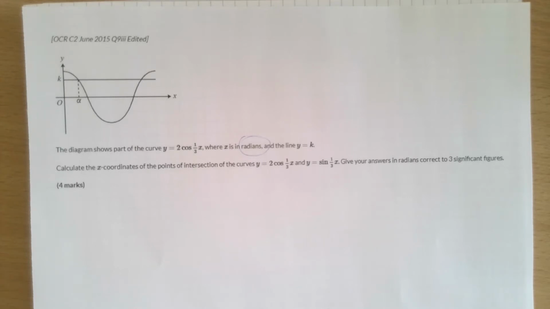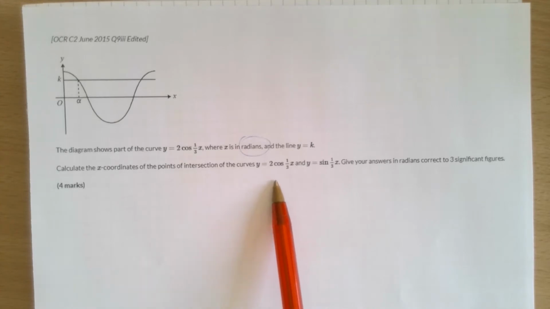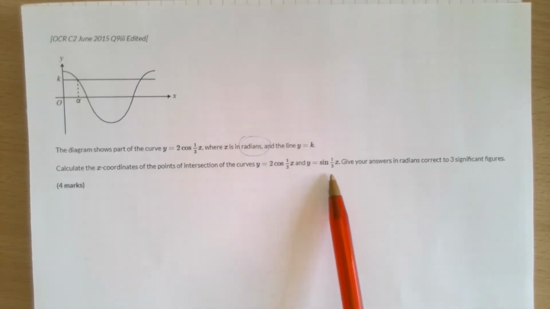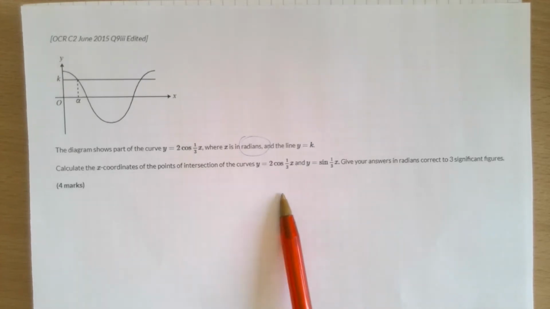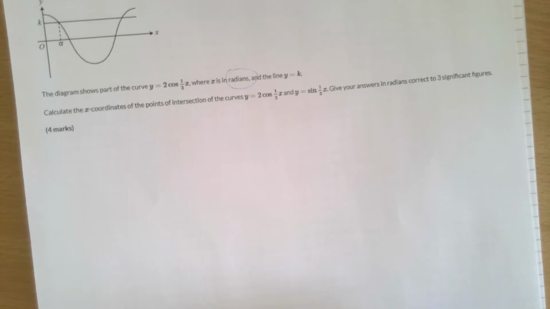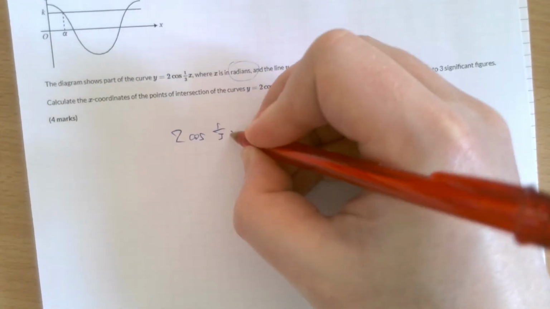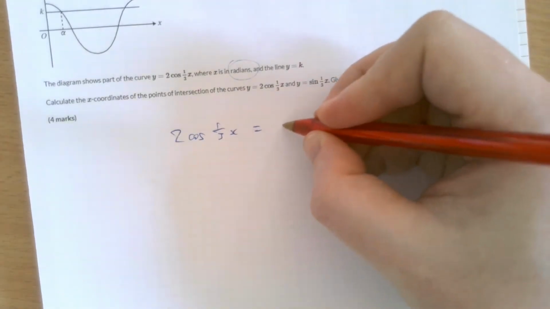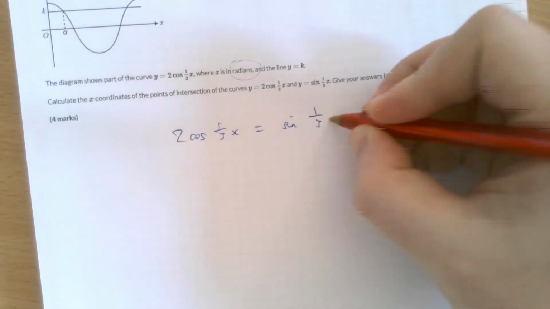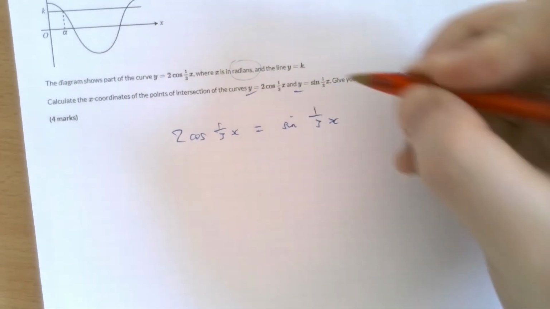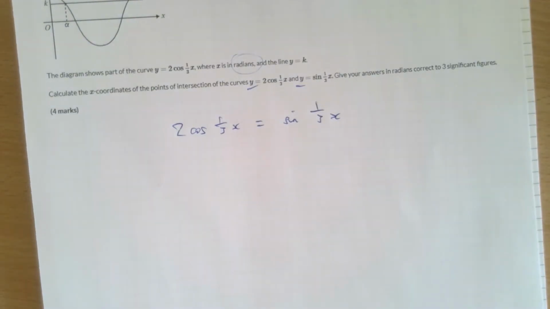Because if I've got two curves, y equals 2 cos a third x and y equals sine a third x, they're both equal to y. Therefore, they are equal to each other. Let me show you what I mean. 2 cos of a third of x is equal to the sine of a third x, because they're both equal to y.